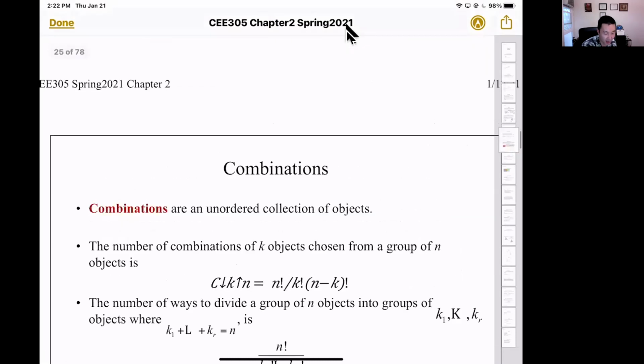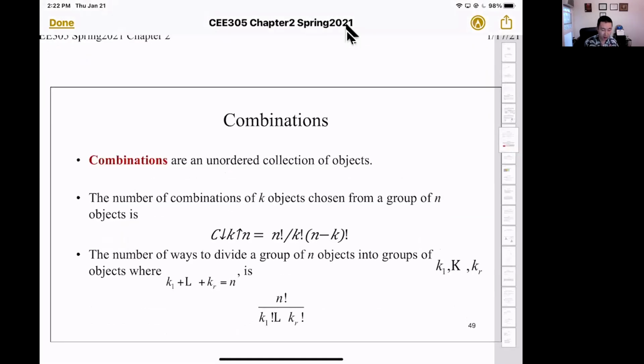Combinations are unordered collections of objects, and again, permutation is for order. The number of combinations of k objects chosen from a group of n objects is C(k,n). Sorry, it should be written as C(n,k).